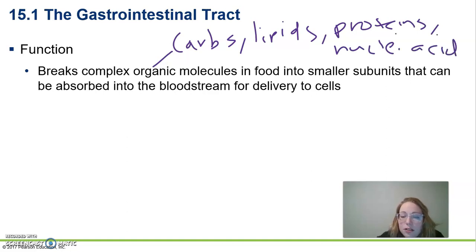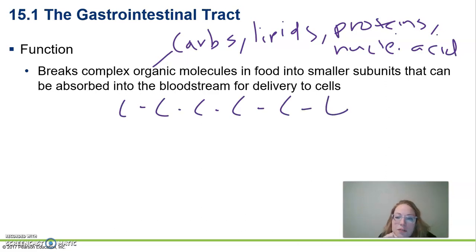So these are all large, they've got a carbon backbone, right? If you remember, there are monomers, the single individuals, like a monomer of carbohydrate could be glucose, and for proteins, it would be amino acids. So our organic molecules are big, they're polymers.